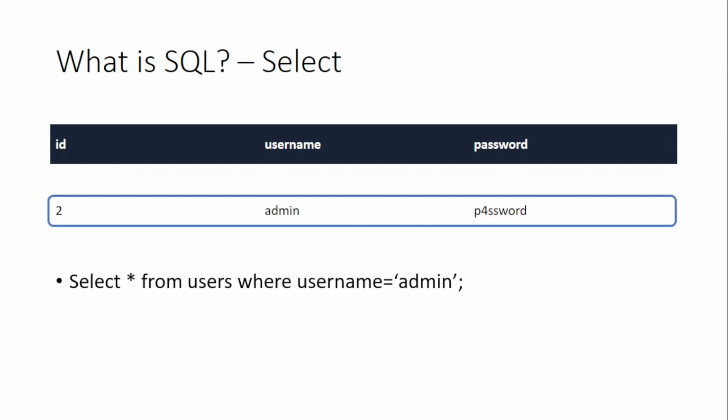So we'll be searching for exactly this, and that's the row that the database will retrieve for us. And if there is no username with the value admin, the database will retrieve nothing. It will just tell us that there is nothing to retrieve.